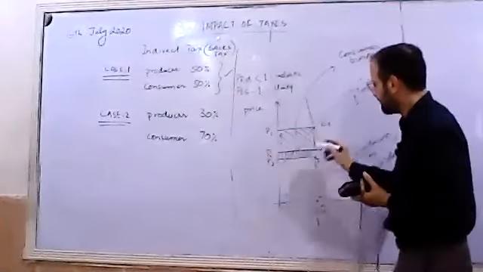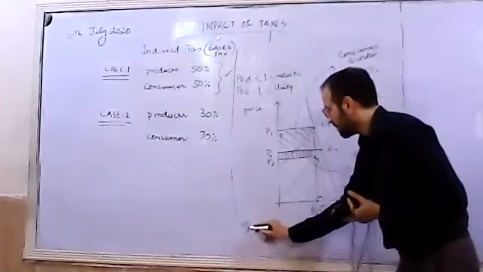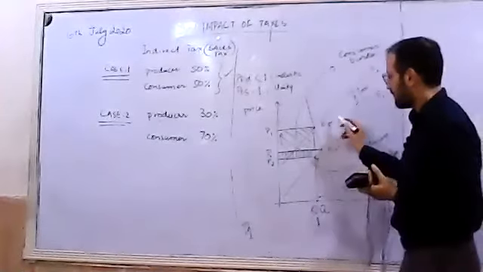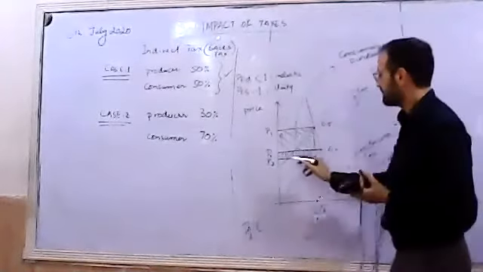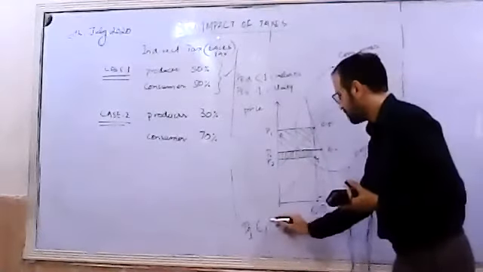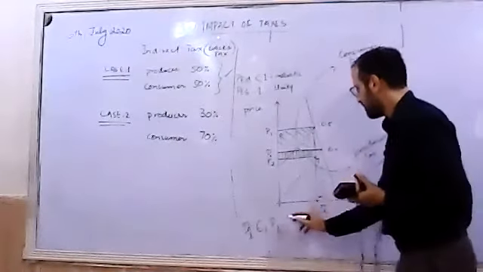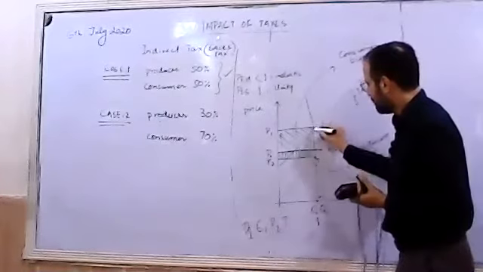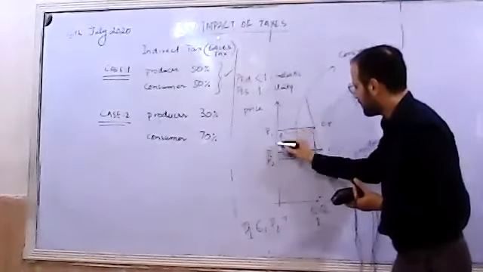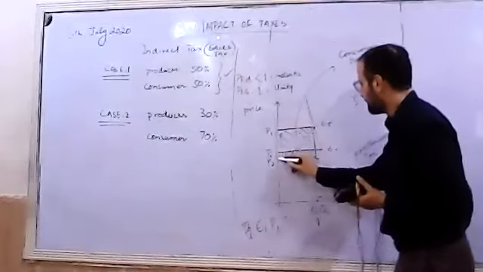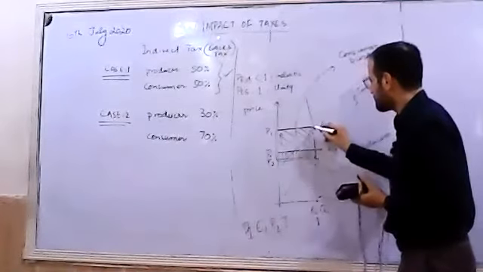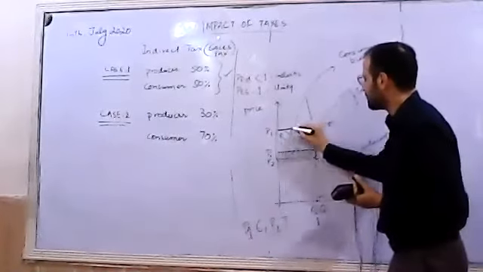And what is the total tax? It's P1, E1, P2 and T. So this whole area, which I am highlighting again, is the total tax area which the government is going to earn.